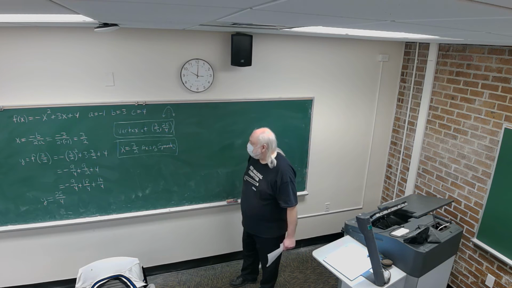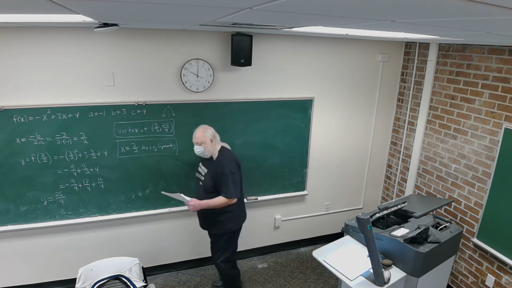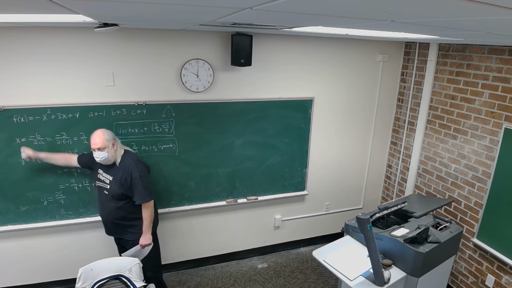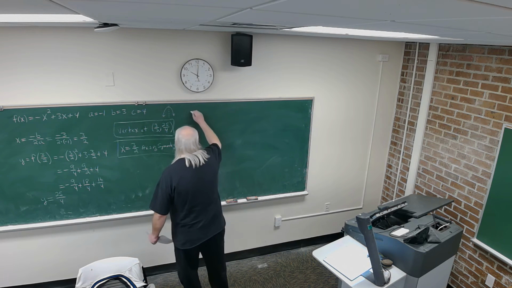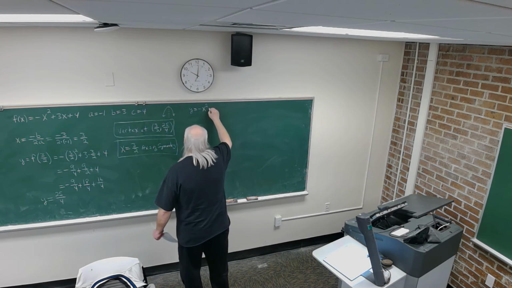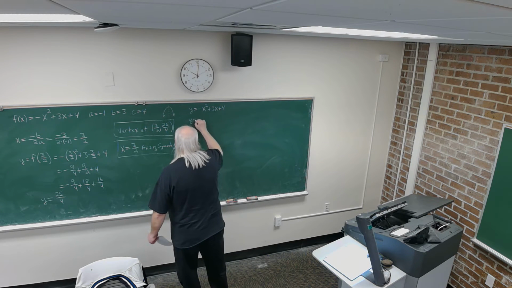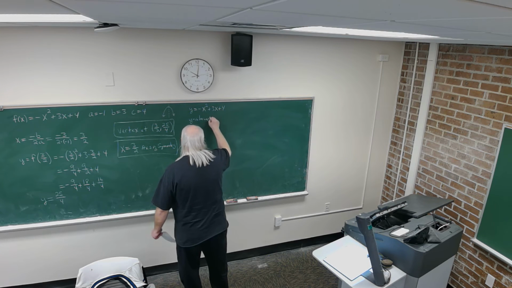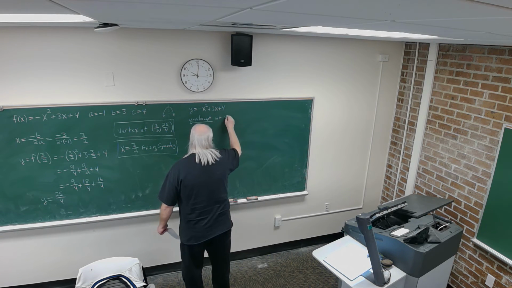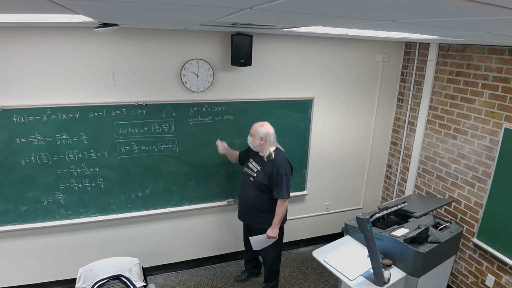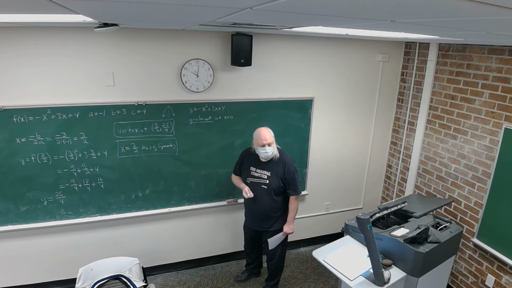Okay? X and Y intercepts. To find the X and Y intercepts, I'm going to go back to our original equation. Remember, function values and Y values are interchangeable. So we have Y is equal to minus X squared plus 3X plus 4. To find the Y-intercept, we set X equal to 0. When we put 0 in for X on the right-hand side, what does the right-hand side equal? 4, right?